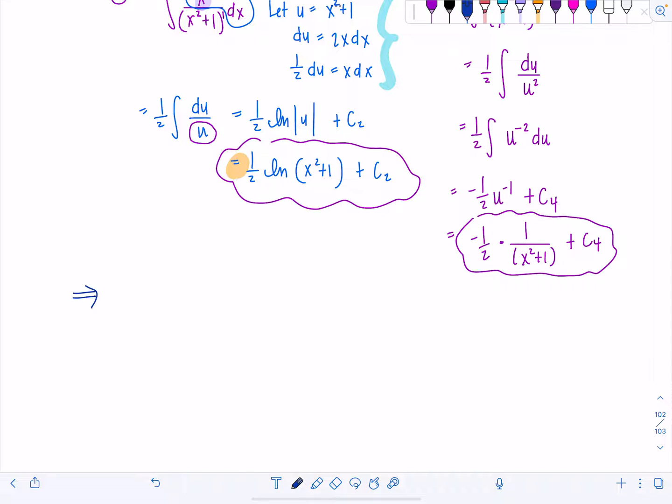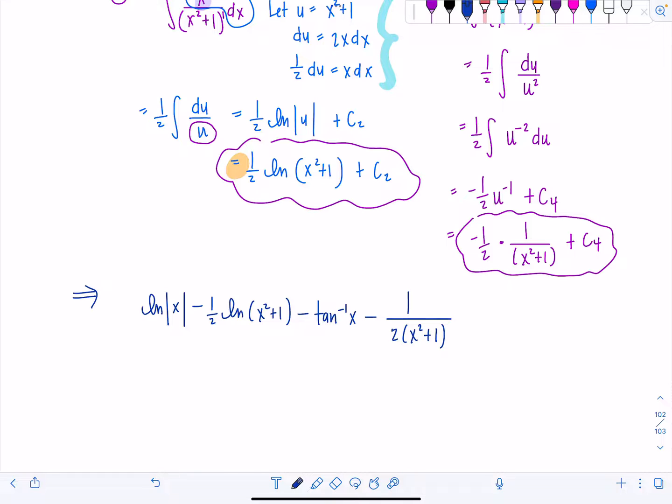Boom, boom, boom. So we have natural log. You need this absolute value on the x because it's not squared or anything, right? Minus 1/2 ln x squared plus 1 minus tan inverse of x minus, I'm going to write the last term, watch this, as 1 over 2 times x squared plus 1.